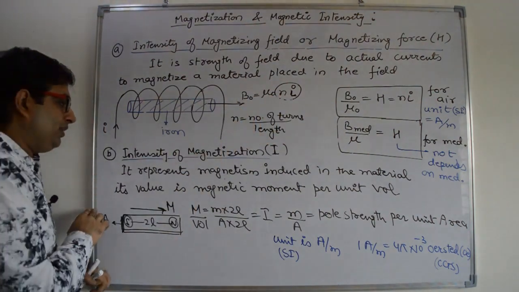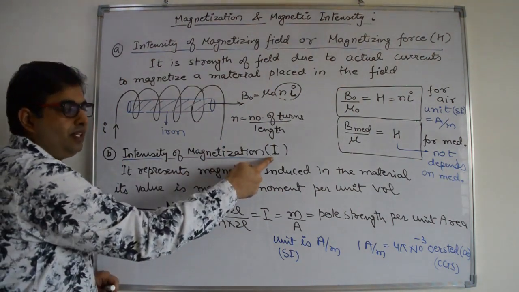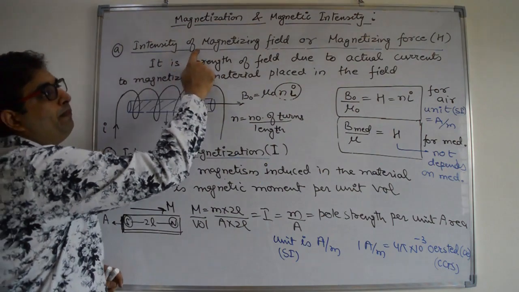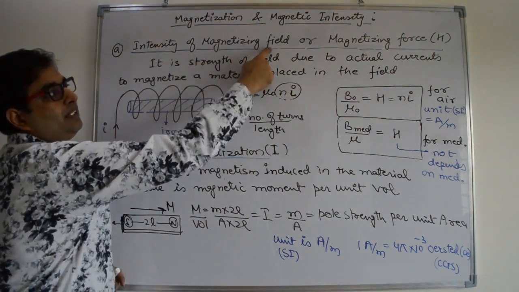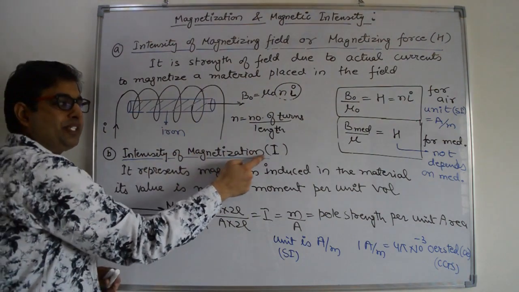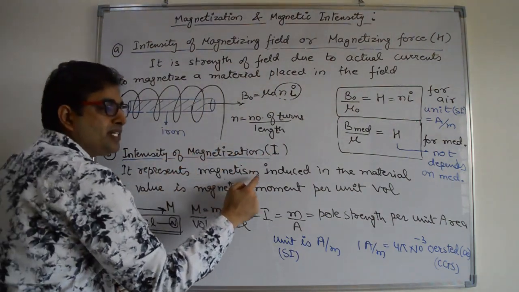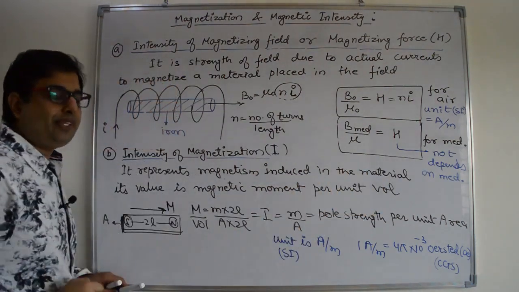Now the second point. The second point is intensity of magnetization, capital I. This is the intensity of magnetization. It represents the magnetism induced in the material, right?